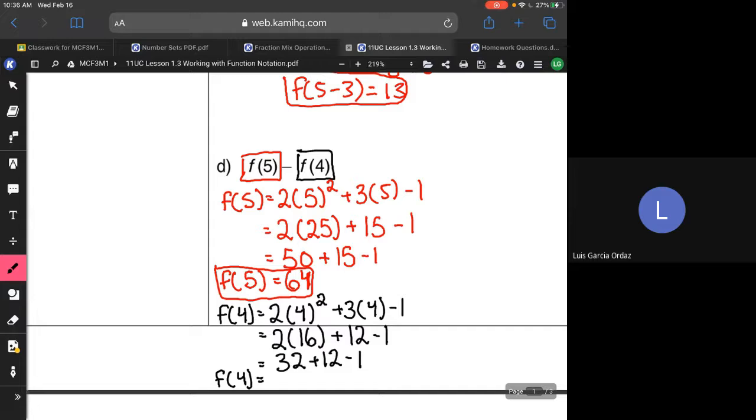Hold on. You're going to get the answer. Emma? 32 plus 12 minus 1. Yep. So 32 plus 12 gives me 44, right? And then 44 minus 1 gives me 43.